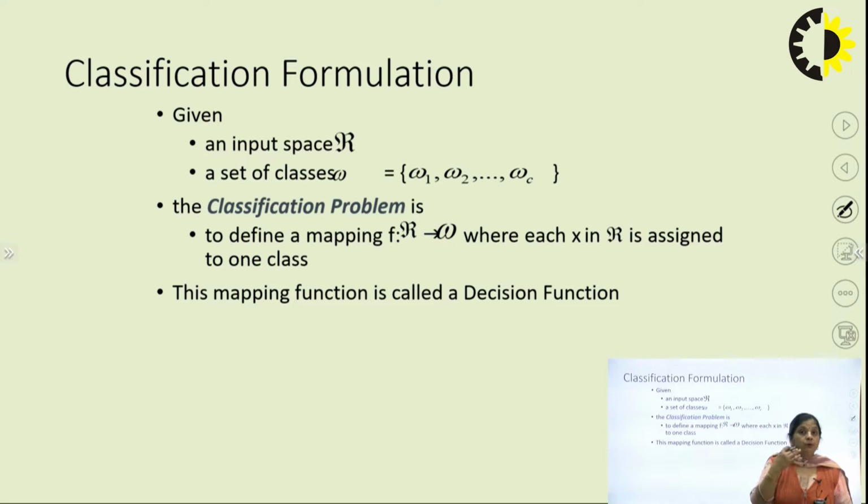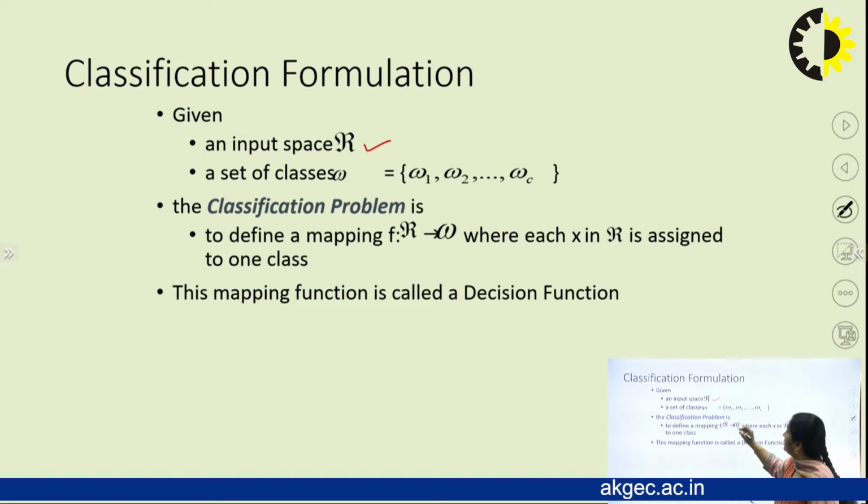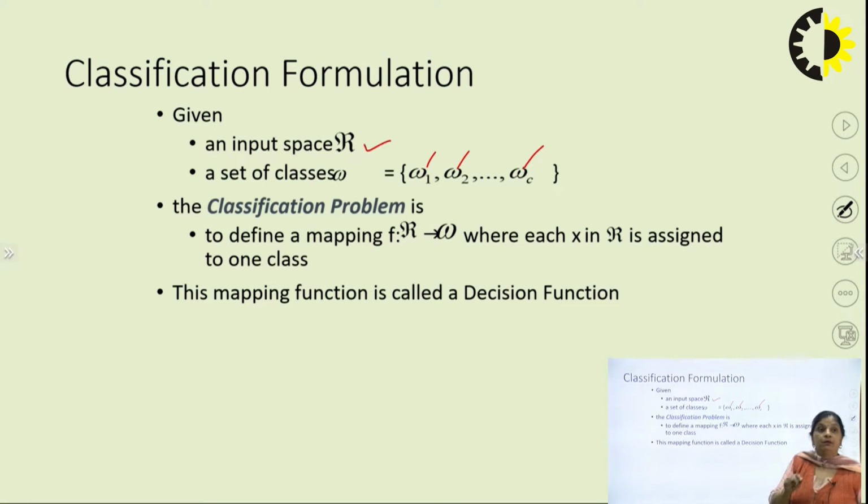How do we formulate classification formally? When we have the problem of classification, what is given? We are given an input space R, so data is from this R, and we have a set of classes. Here the classes we have taken as W1, W2 and WC, so we have C number of classes. So what is the classification problem?